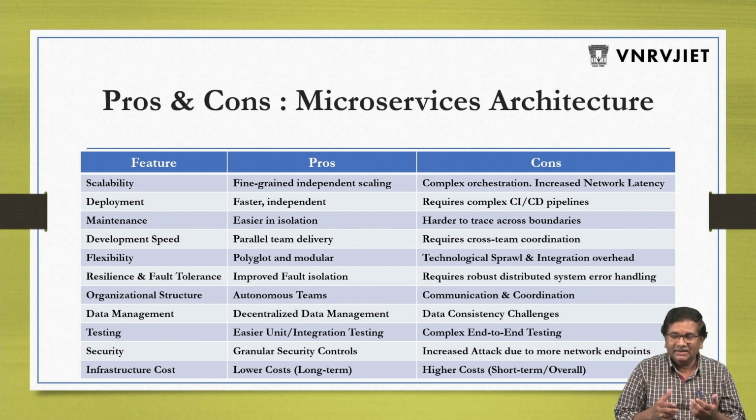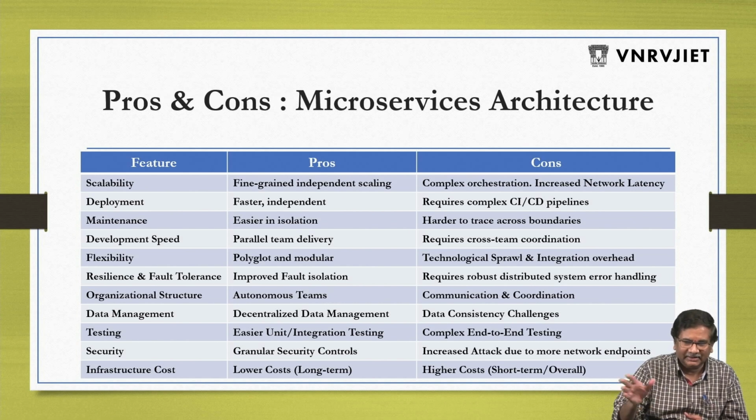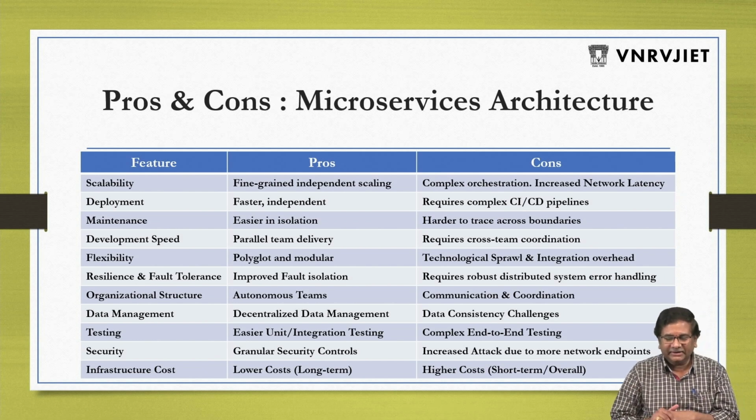Data consistency challenges: there are going to be certain challenges which I may not talk about in this presentation series, but maybe in another one. Testing: easier unit and integration testing, but complex end-to-end testing. Unit testing and integration testing are easier, whereas end-to-end testing is harder because they're all different components, not communicating directly with each other.